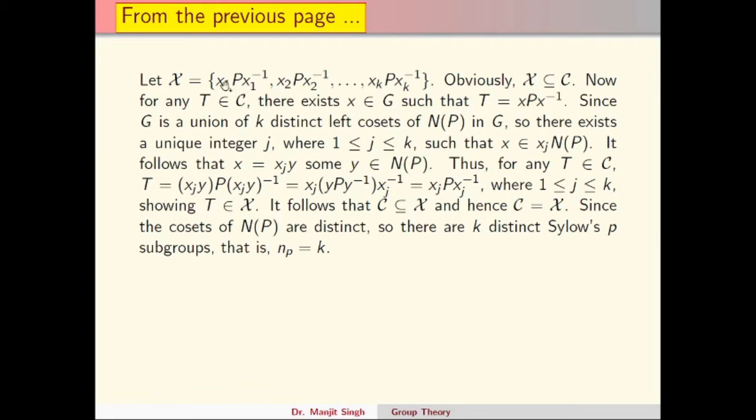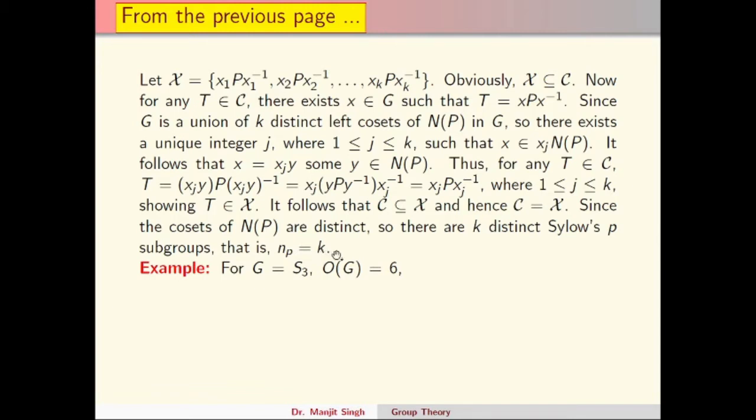So all Sylow p-subgroups can be taken in X, and these are k, and we have already discussed that the total number of Sylow p-subgroups is n_p, so n_p equals k. So in this way we proved the result: the number of Sylow p-subgroups in a group G is equal to the index of the normalizer of P in G.